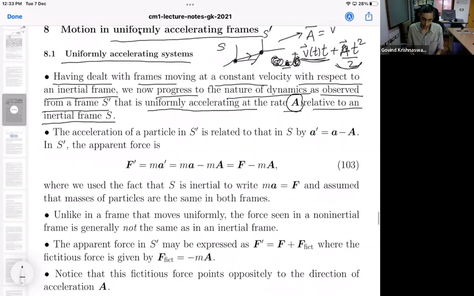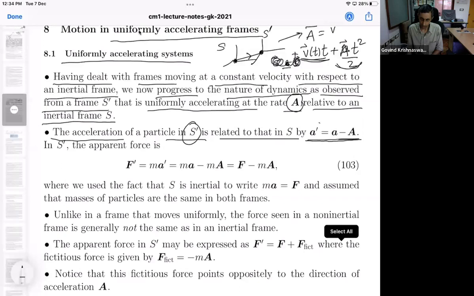Okay, so now the acceleration of a particle in S prime is related to that in S by the following formula: small a prime is equal to small a minus capital A. So this is the first thing to understand. As viewed in S prime, the acceleration is a prime. As viewed in S, the acceleration is a.